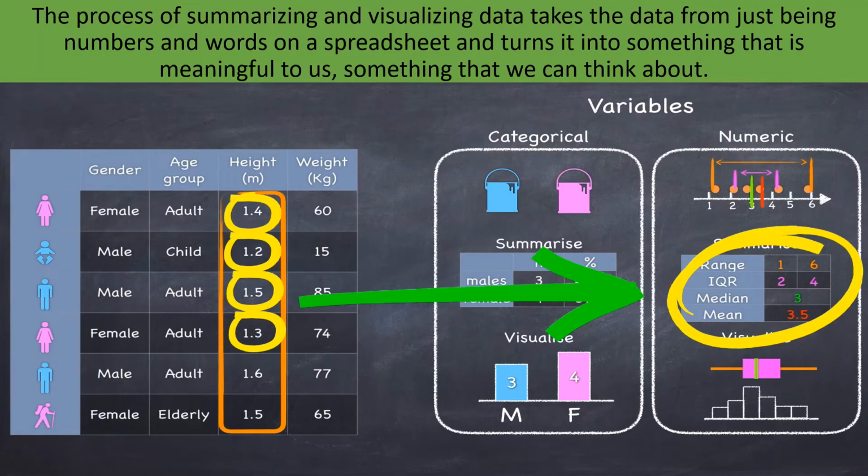The process of summarizing and visualizing data takes the data from just being numbers and words on a spreadsheet and turns it into something that is meaningful to us, something that we can think about.